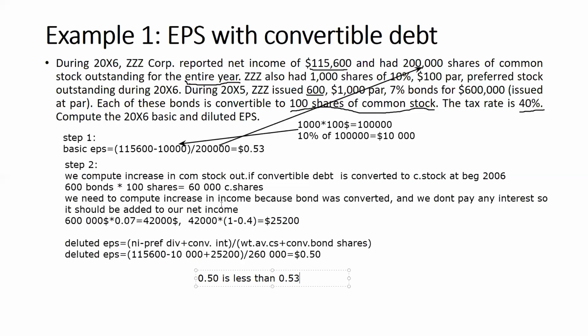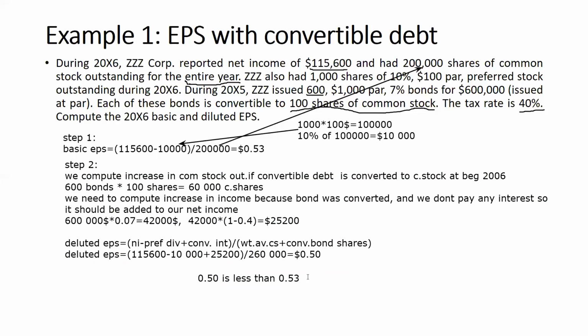If you remember, I put here: if convertible debt is converted, then diluted EPS will be equal to 0.50. So our 0.50 is less than 0.53, which means it is diluted EPS. If it was more than 0.53, it wouldn't be dilutive. It would be an anti-dilutive security.